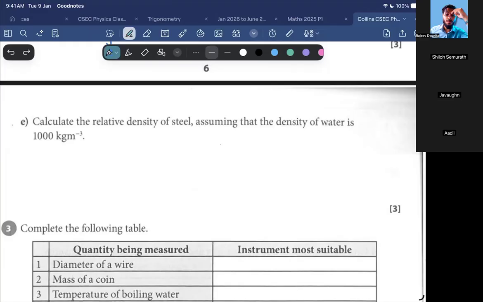Imagine you do a math exam and your mom was like, well, you do alright, but not as good compared to your sister. Relatively speaking, you didn't do as good as compared to your sister. Relative means you're comparing things, like how does one relate in terms of the other one? So the way to compare the density of steel to that of what?